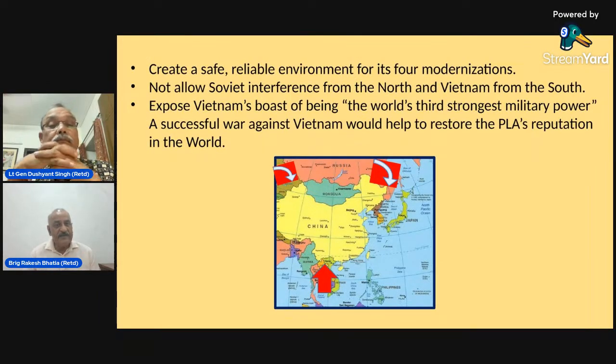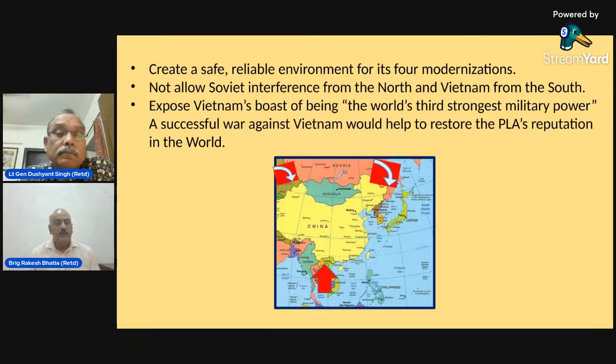They wanted to create a safe, reliable environment for modernization. Firstly, the Cultural Revolution had gone through. The civil society in China was going through a lot of trouble. When Deng came, he gave a call for modernization. He said that there should be modernization in agriculture, in industries, in national defense, and in science and technology.